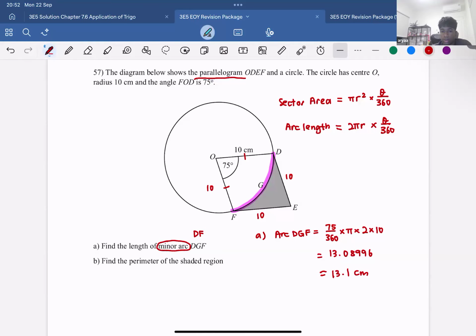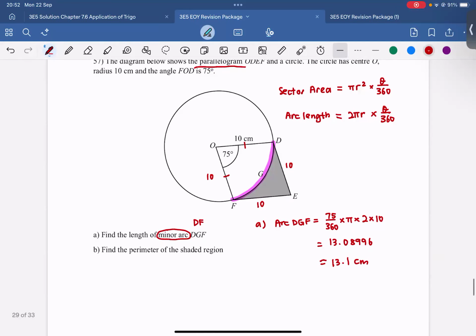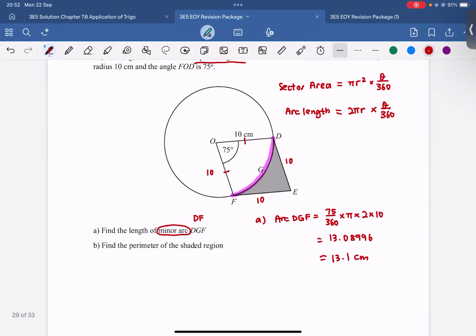Actually, this is a rhombus, not a parallelogram. Or actually, a rhombus is a parallelogram. So the perimeter will be 13.08996. Do not use 13.1. Plus 10 plus 10. So approximately 33.1 cm.